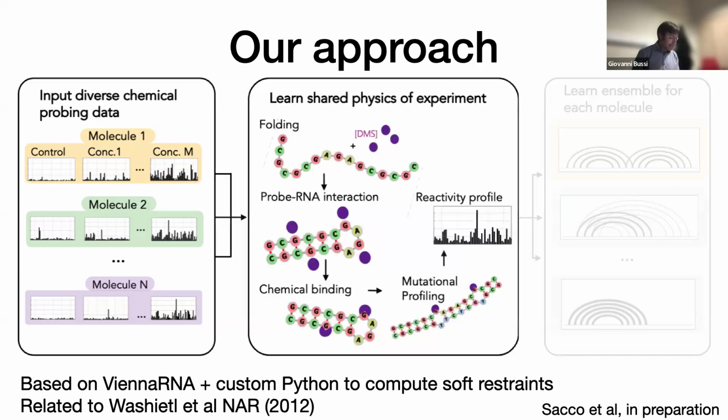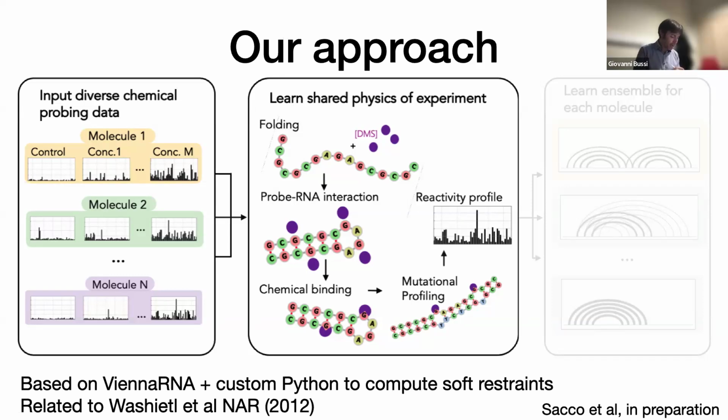And then we have a model where we have the probability of binding, in this case, a DMS molecule on an unpaired nucleotide, the probability of binding on a paired nucleotide, and the probability that this transforms into an adduction. Also, we can model the probability that this adduction induces a mutation, for instance, and also the error rate in the sequencing.